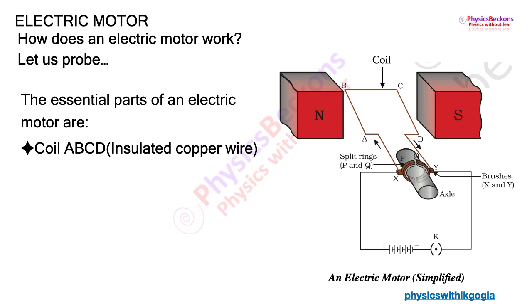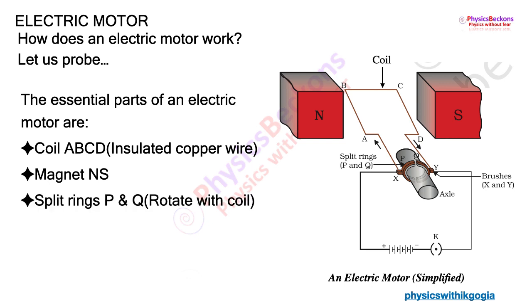The parts are: coil ABCD, rectangular in shape in this diagram; a magnet NS, the coil is in the field of the magnet; split rings P and Q which rotate with the coil; brushes X and Y, these are fixed; and the axle on which the system works.